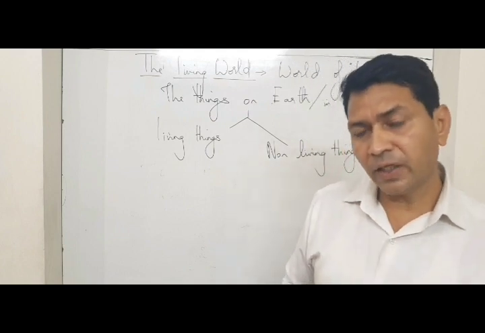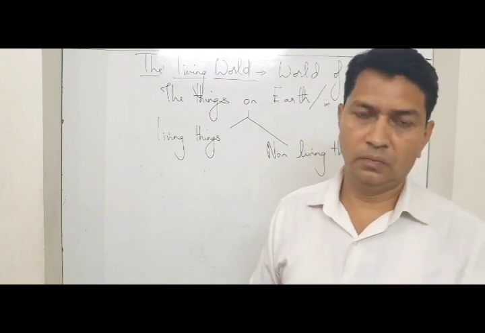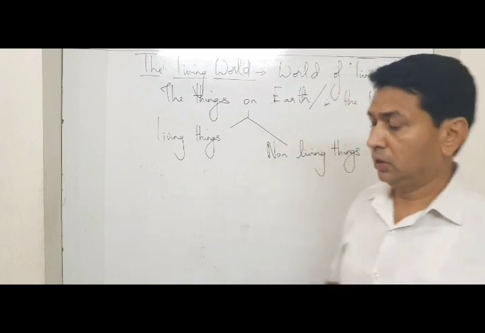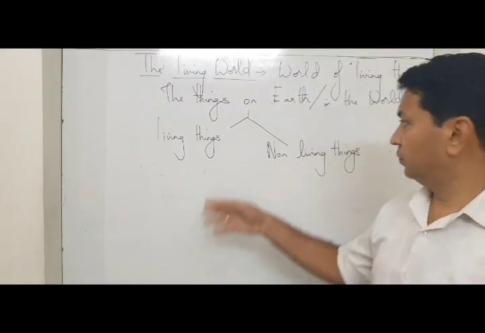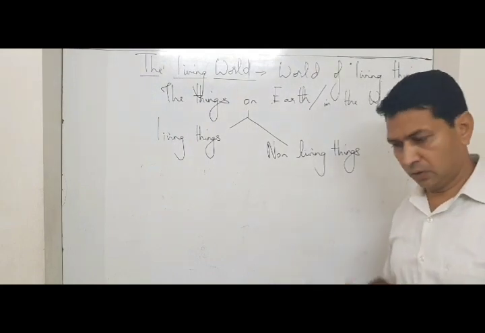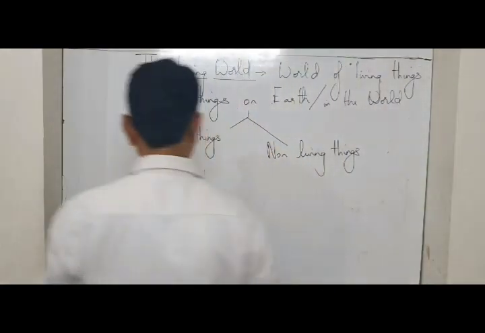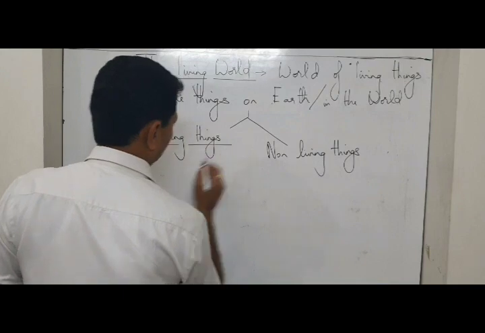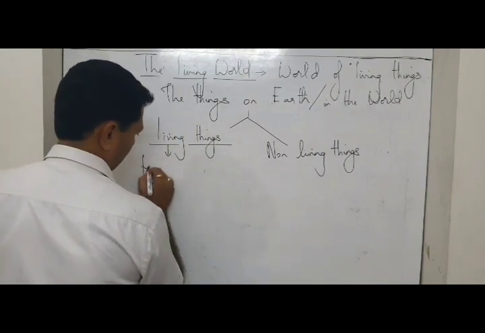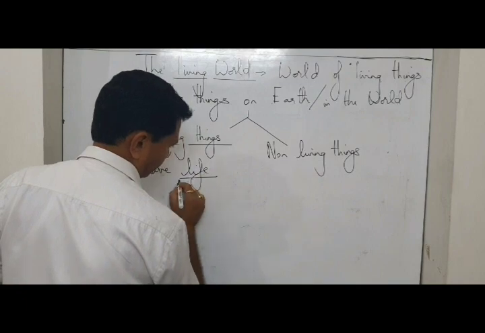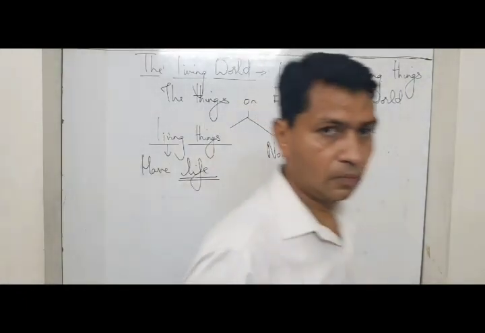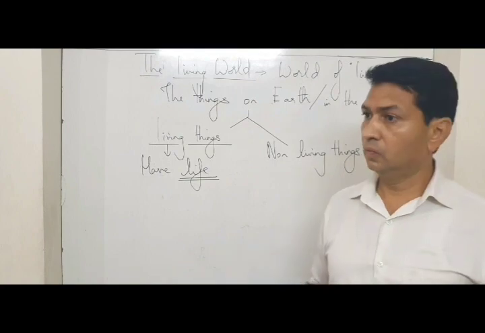Now, this classification is on the basis of what? There should be some basis on which we are saying certain things are living things and certain things are non-living things. The living things have life.